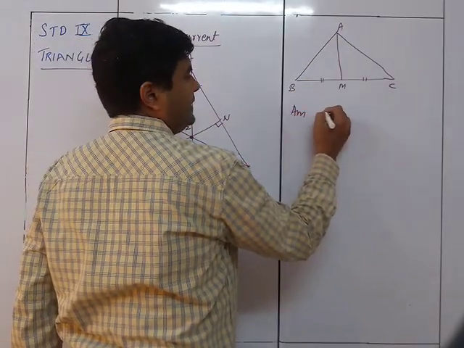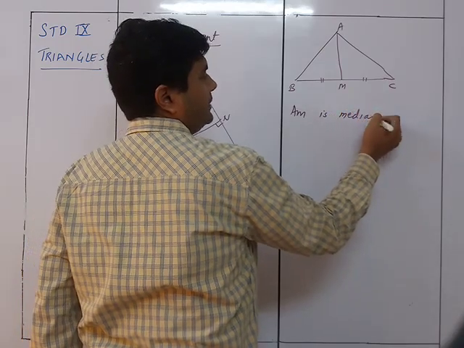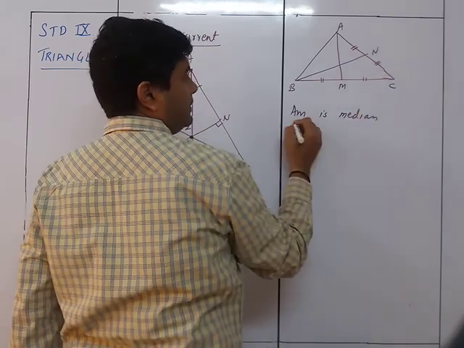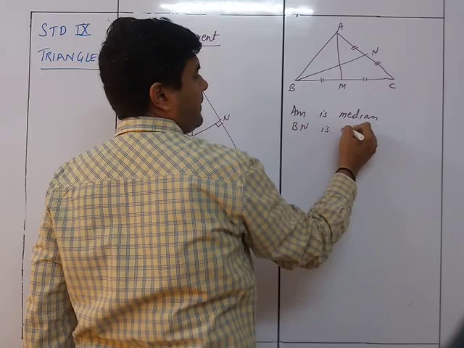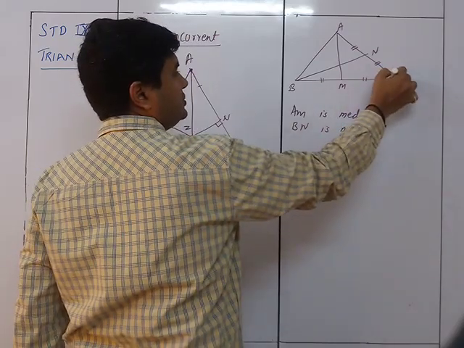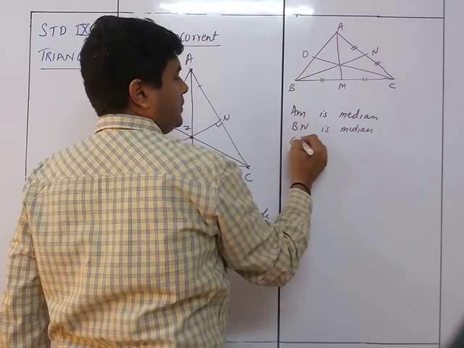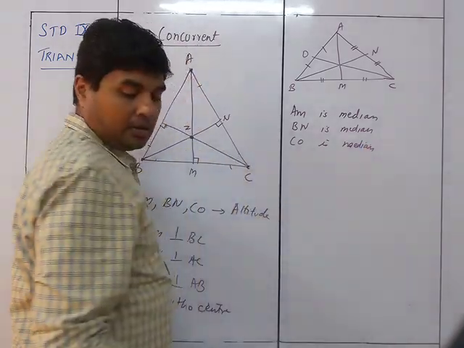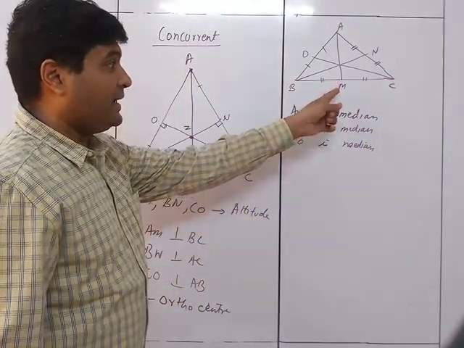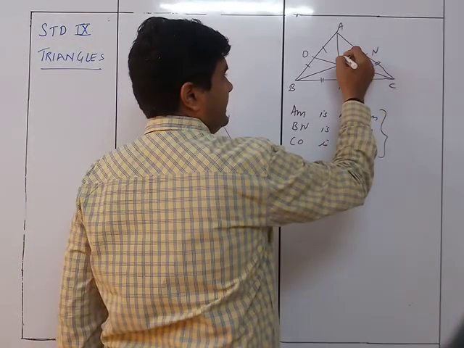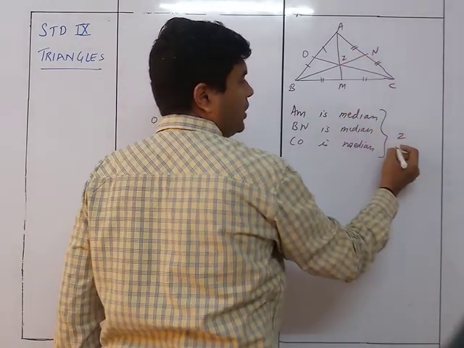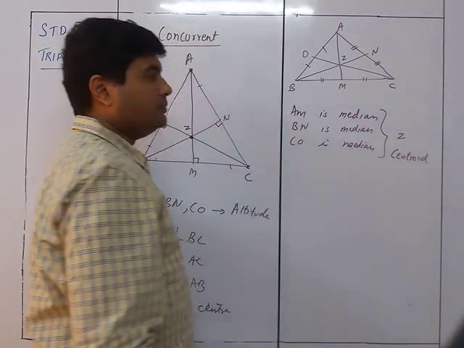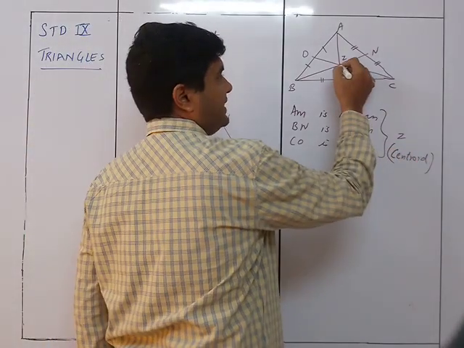Similarly, BN is a median, and also CO is a median, because this is equal to this. The three medians again are concurrent at point Z, and Z is called the centroid.